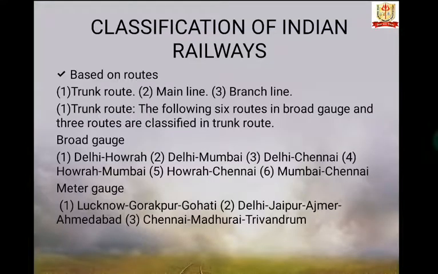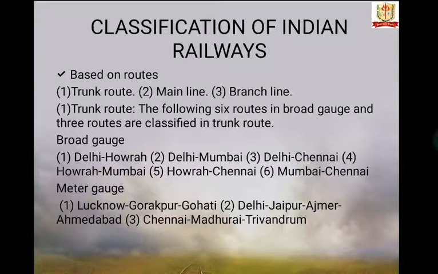Next is classification of Indian Railway. Depending upon the importance of routes and traffic carried by each line and maximum permissible speed on the routes, the Indian Railway has been classified into the following three categories: trunk routes, main lines and branch lines.